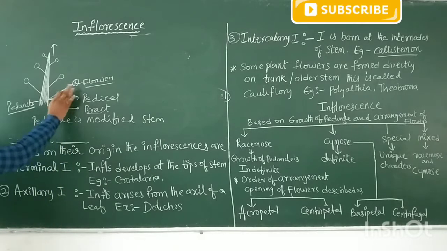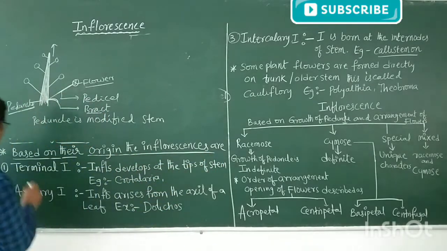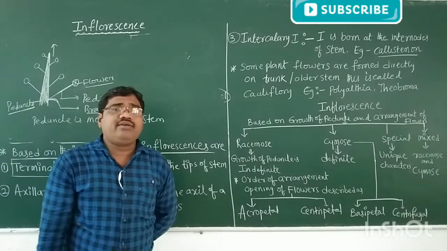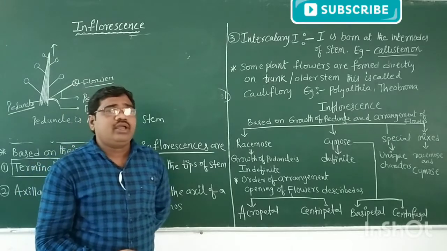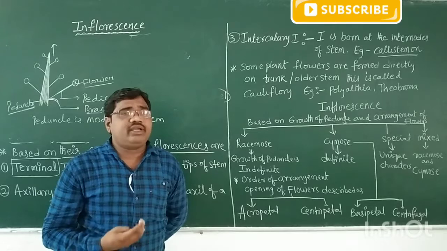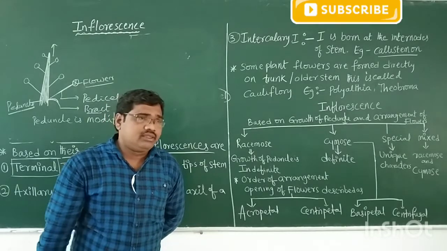Okay. So this is a brief explanation about the different components of the inflorescence. Next, based on their origin, or based on the development of inflorescence, the inflorescences are classified into three types.